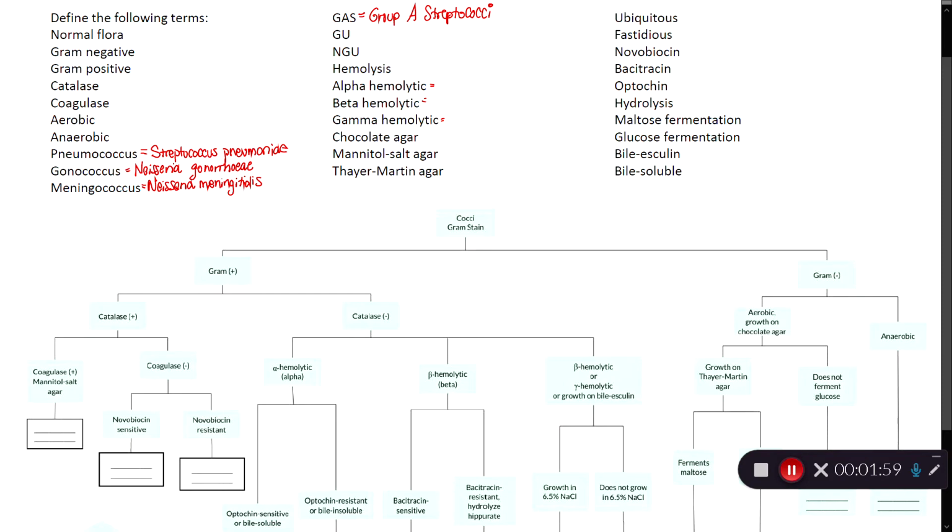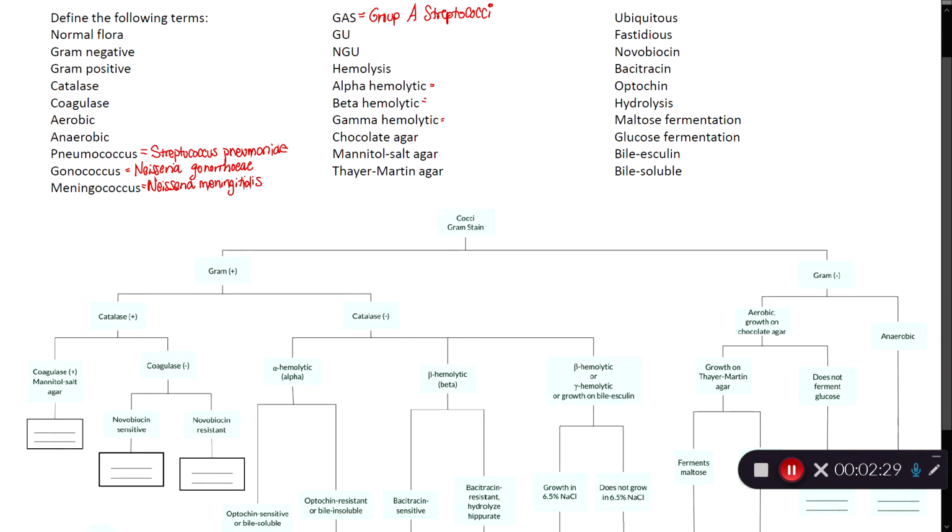So GAS pretty much tells you that it's going to be strep pyo, whereas group B strep, group D strep, things like that are going to usually mean you're dealing with other strep. GU and NGU are related to some of the etiologic agents we'll get to in just a second, but that stands for gonococcal urethritis or non-gonococcal urethritis.